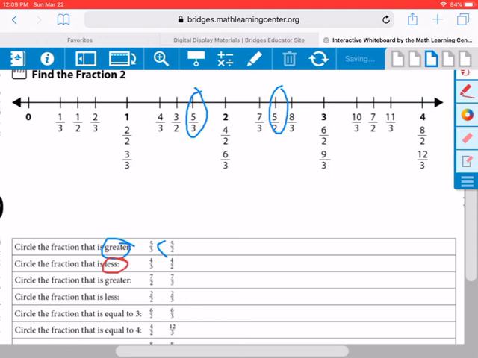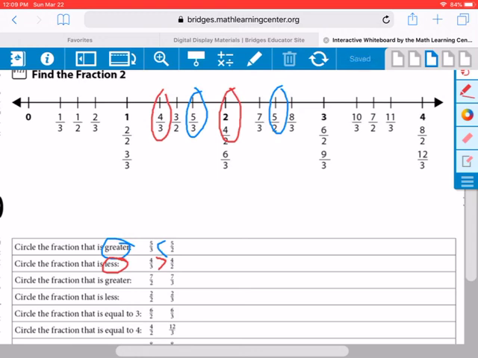So we've got 4/3 and 4/2 again. So I can see 4/3 right here. And where is that 4/2? Oh, right there it is. Which one is less, 4/3 or 4/2? Yes, when the numerator is the same, the larger denominator is the smaller fraction.